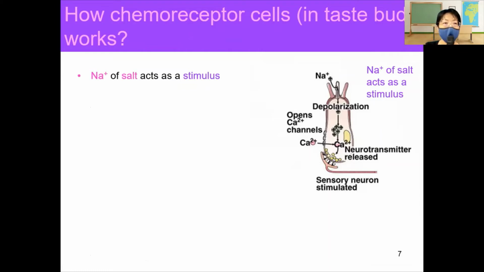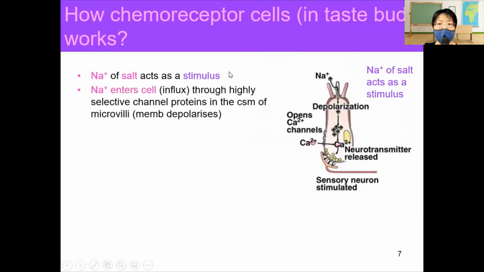The sodium ion of salt will act as a stimulus because we're going to taste this sodium ion. So sodium ion will enter the cell, meaning influx, through a highly selective channel protein. There's a channel protein on the membrane of the microvilli. These are the microvilli of the chemoreceptor cell.